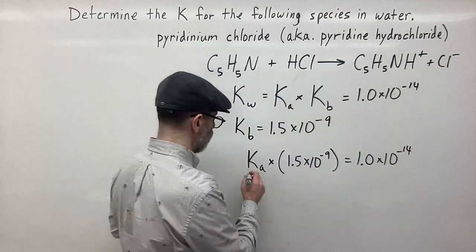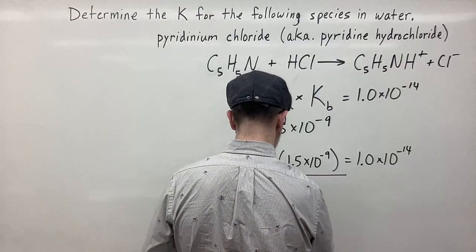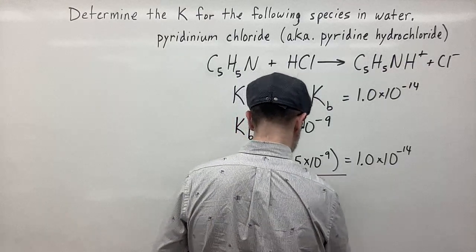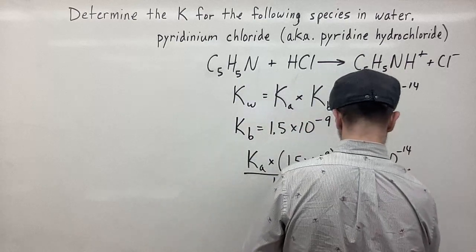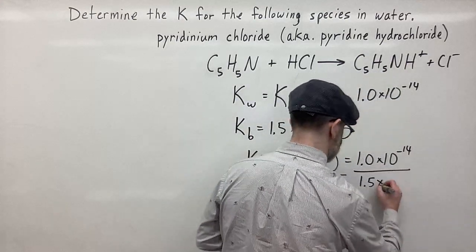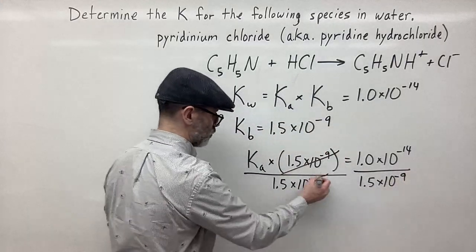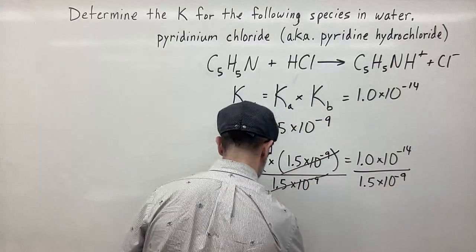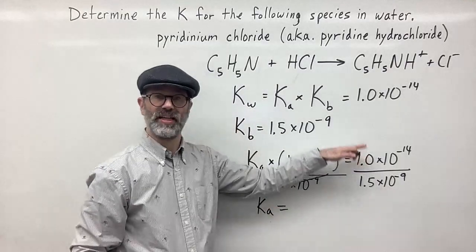So now all we need to do is divide by 1.5 times 10 to the negative 9 on both sides. So this cancels out, and we get Ka equal to these two divided together.